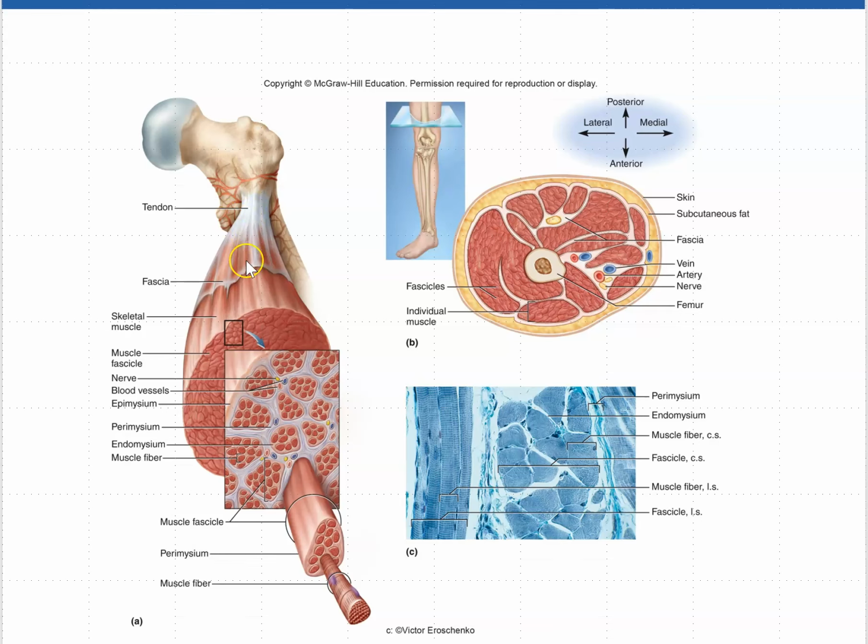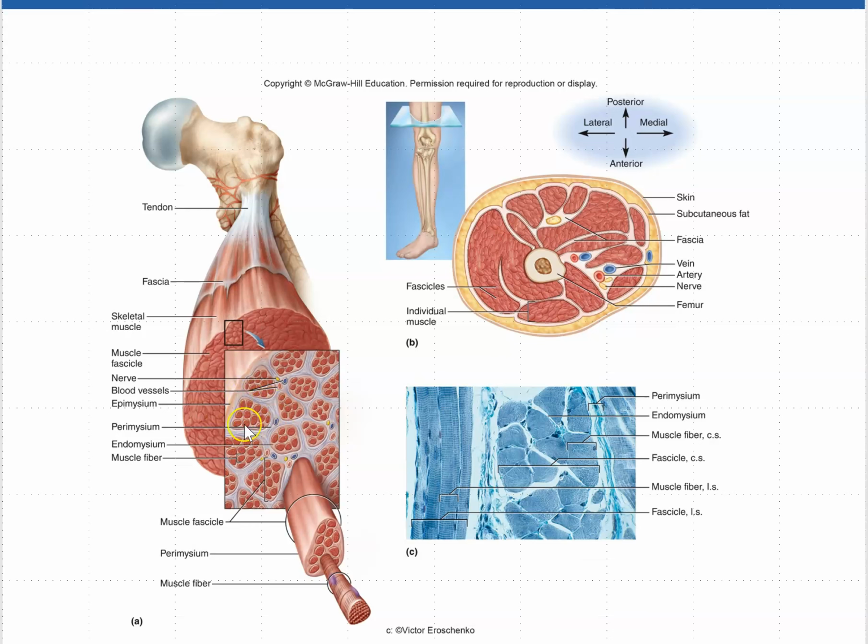The tendon is somewhat continuous with the outer layer of the muscle, which is called the epimysium. Underneath the epimysium, there is a layer known as the perimysium, which is the layer of connective tissue that covers a bundle of muscle fibers, and there's a bunch of them. Each bundle is called a fascicle.